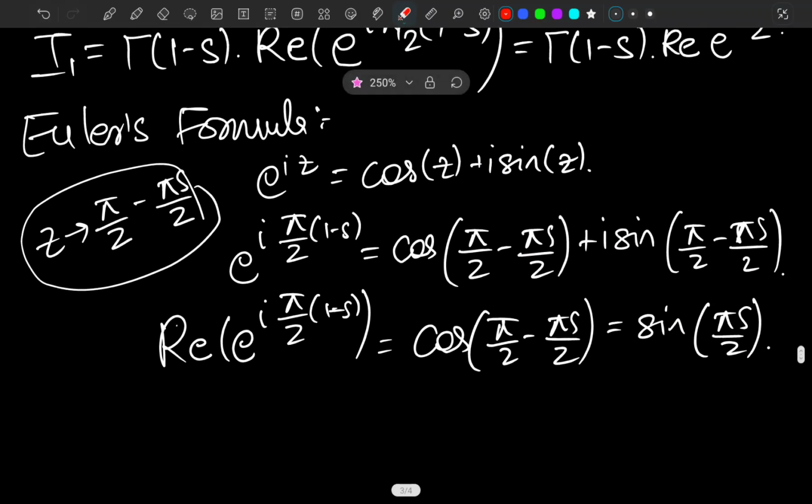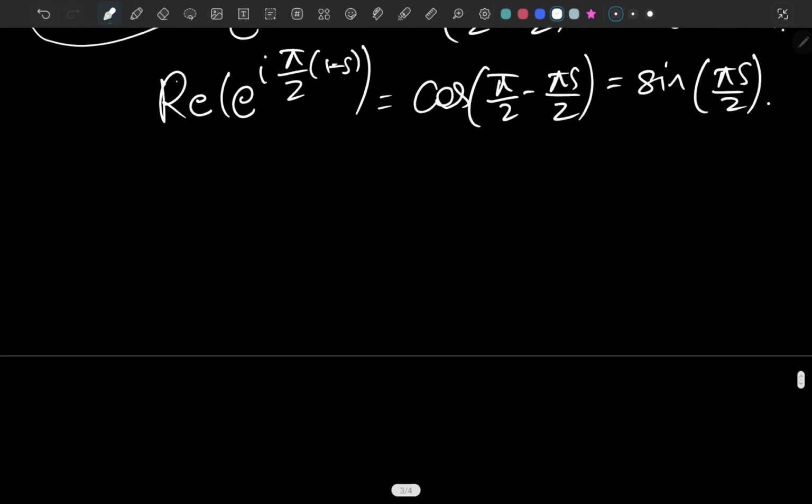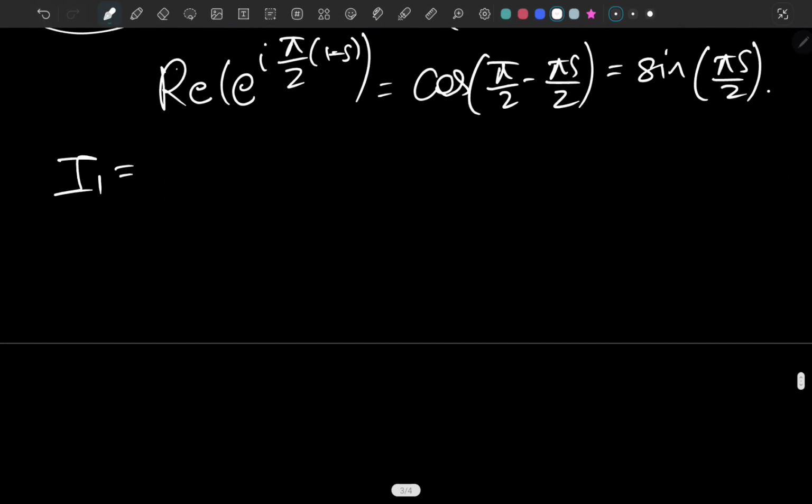So here is our first result: I1 evaluates to gamma of 1 minus s times sine of pi s over 2.